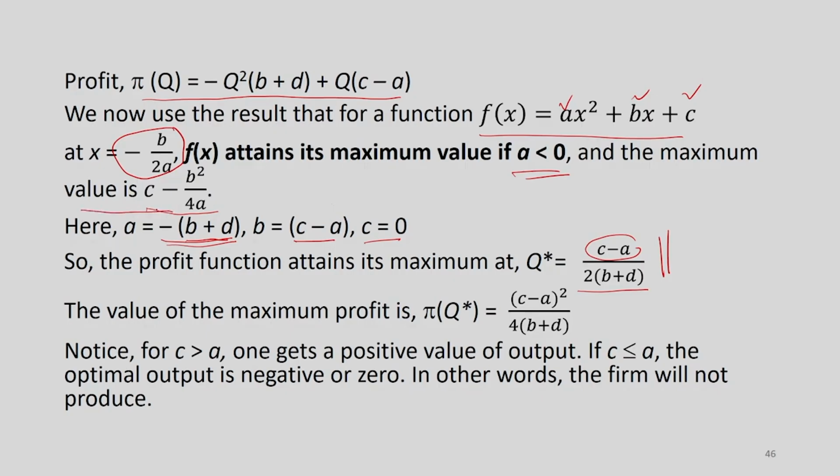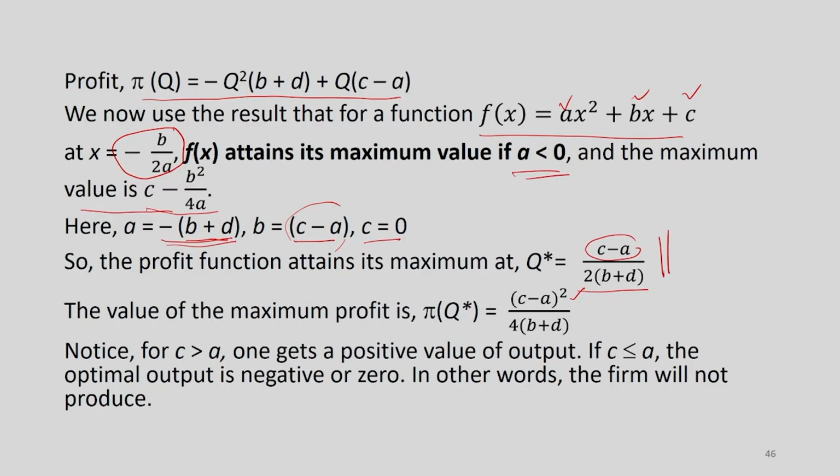And what is the value of that maximum profit? The maximum profit's value is given by this thing, c minus b square divided by 4a, right. Now, there is no c here, so that part is 0. What is b square? c minus a whole square, divided by 4a, and a itself is negative.